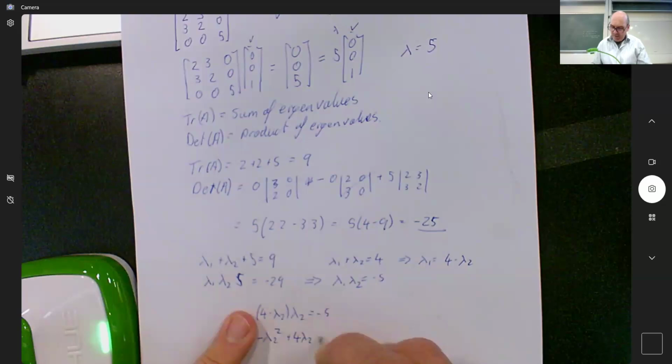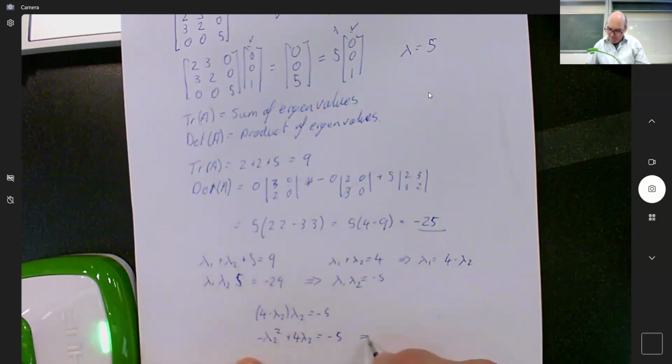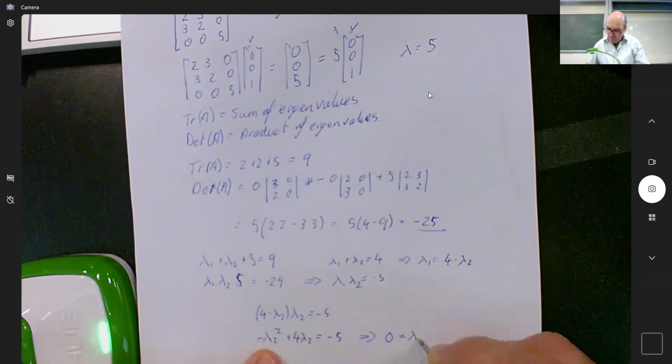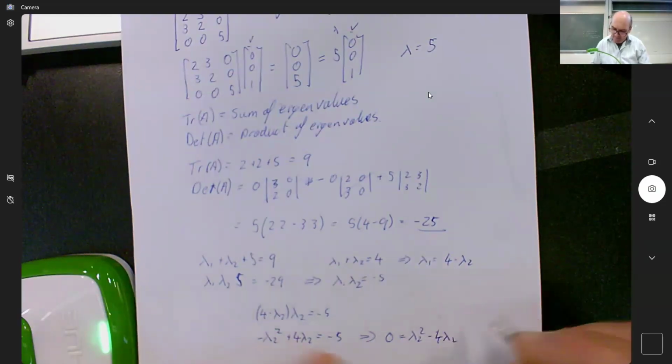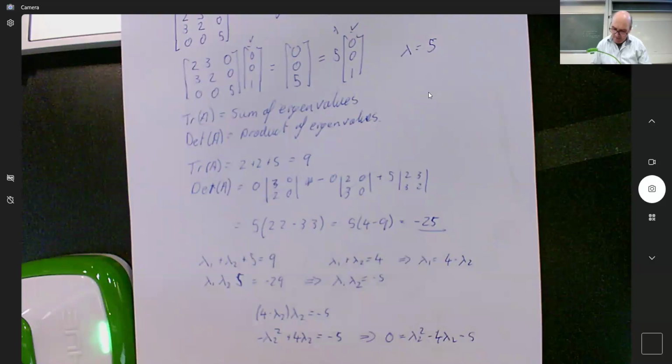I am going to put everything over there. So I'm going to write this as 0 is equal to lambda 2 squared minus 4 lambda 2 minus 5. And it's going to factorize: lambda minus 5, lambda plus 1.